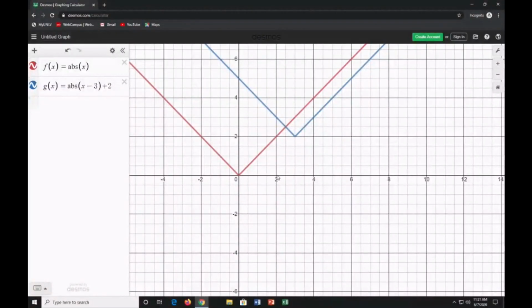Up to here is 2 units. Check how this vertex moved, because that indicates how the rest of the function moved. So this vertex moved from 0, 0 to 3, comma 0, and then it moved up 2 units, right? So if I label that point with 3, comma 2, right there, it snaps to it, right? And we can label it. So 3, comma 2, all right?